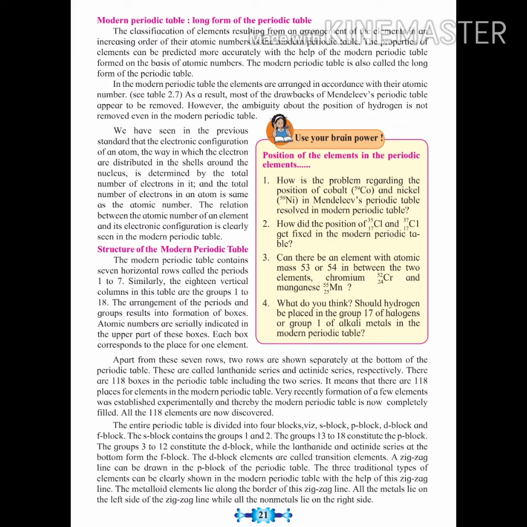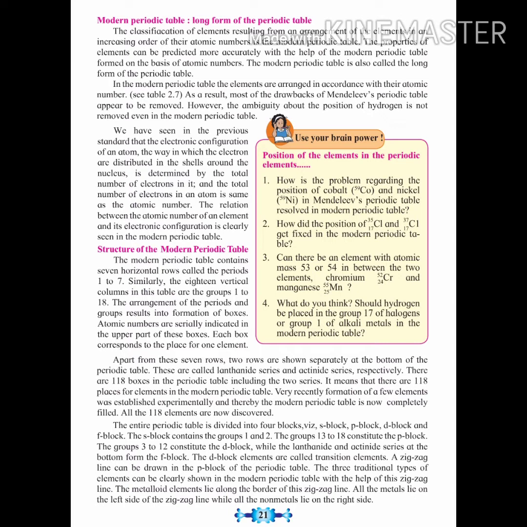Anyway, Henry Moseley, in the year 1930, with the help of his experiment done with an X-ray tube, came to the result that the atomic number, denoted by capital Z, of an element corresponds to the positive charge on the nucleus. That means atomic number is related to the protons present in any atom.